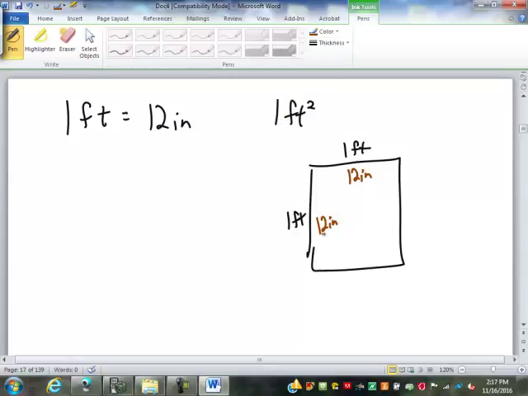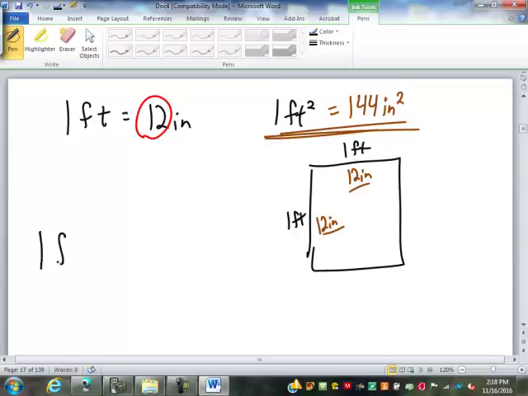So 12 inches times 12 inches gives us an area of 144 inches squared, or square inches. If you look at that, that's just taking the 12 squared, or 12 by 12, 12 times 12.